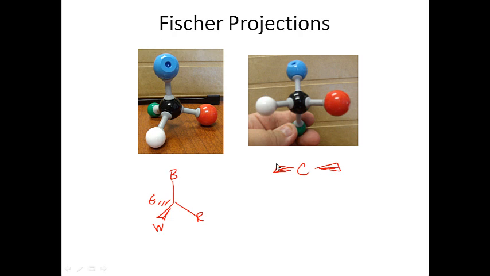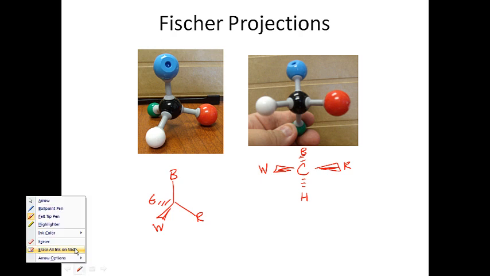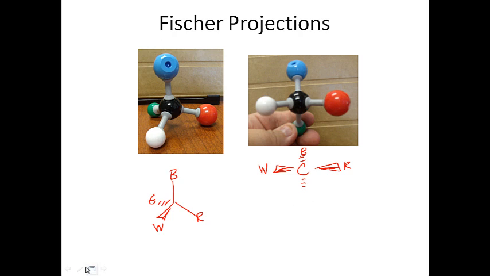And the blue and the green are actually pointing away from me. So in this Fischer projection, none of those bonds are in the plane of the screen. You've got two pointing towards you and two pointing away from you.